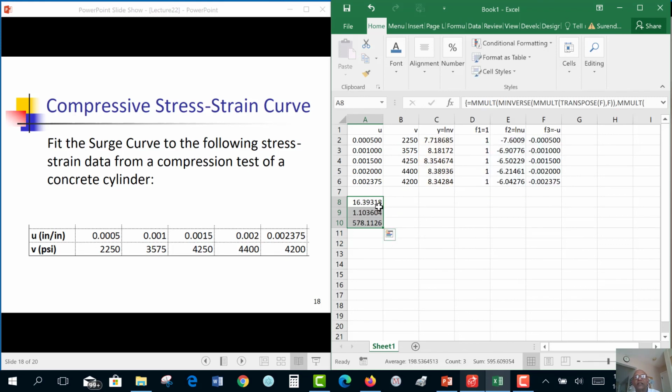So what do you know? These are C's. So from C's we get K1, K2, K3.